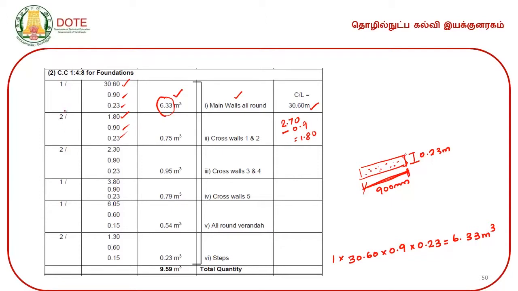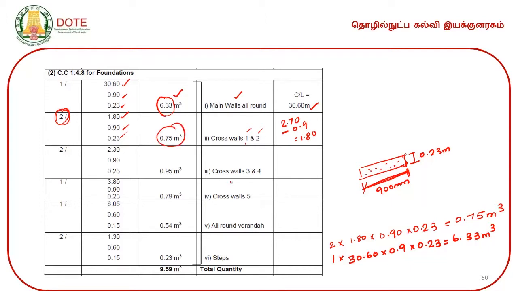Here we put 2 because cross wall 1 is one number and cross wall 2 is one number. So 2 into 1.80 into 0.90 into 0.23 is equal to 0.75 m cube.